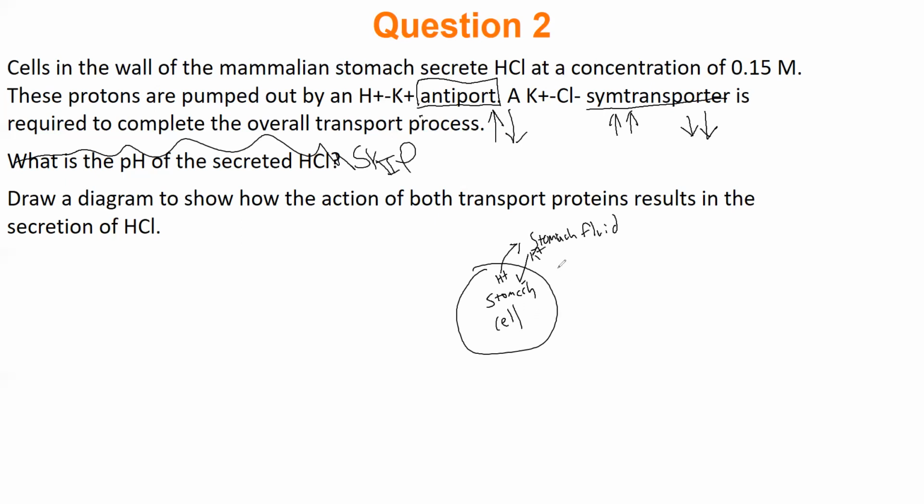And then the symporter, I want to put chlorine. So potassium and chlorine. Here, it's interesting. We bring potassium in, then we just pump it right back out. So no net movement of potassium. It's just along for the ride. But here we are secreting our HCl into the stomach fluid. So that's the directions we're going.